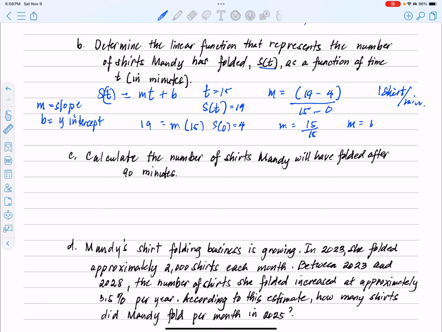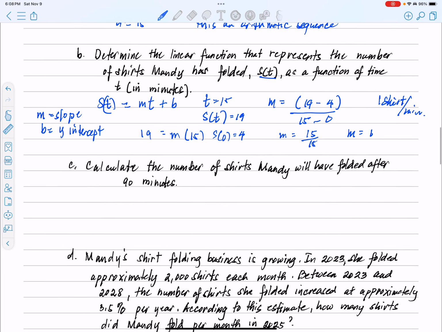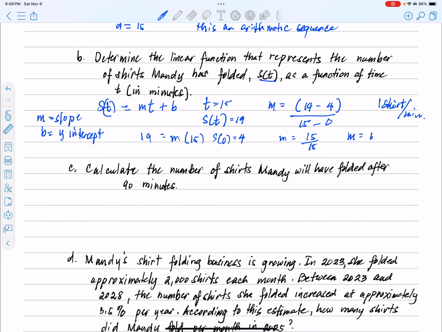So how are we going to determine the function? The S of t will be the slope, which is 1, times t plus 4. This is the equation of the linear function that you're going to have.